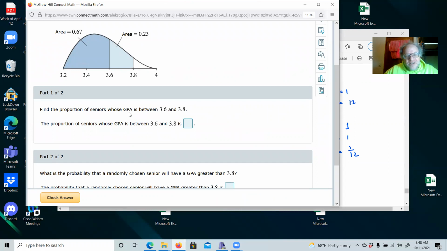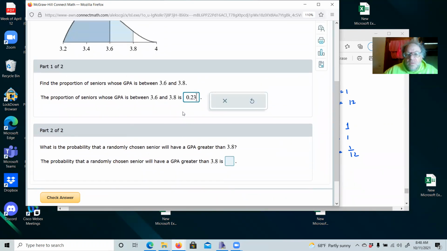Find the proportion of seniors whose GPA is between 3.6 and 3.8. But what area is between 3.6 and 3.8? And that would be 0.23. Okay, that's what they want. The proportion of seniors, the probability that they're going to be here, the area under the curve between 3.6 and 3.8, it's all the same. Okay, what's the probability that they're going to have greater than a 3.8?